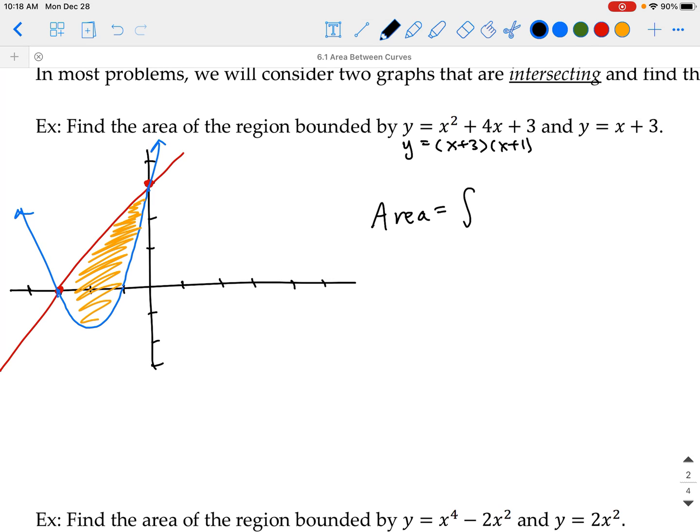is going to be, note we're from negative 3 to negative 1. Sorry, negative 3 to 0. Our 2 intersection points are going to be the boundaries for our integral. So negative 3 to 0 of the line minus the quadratic.